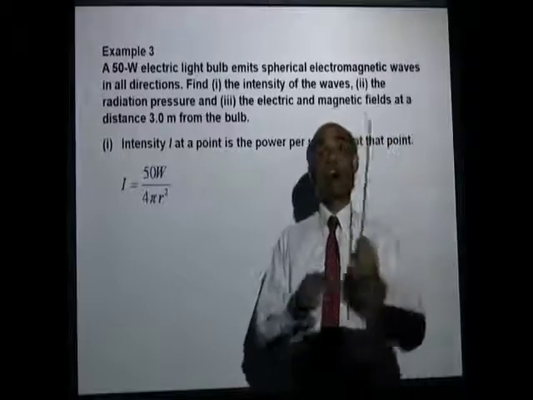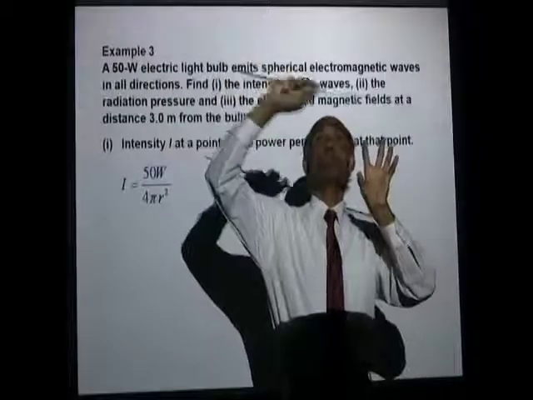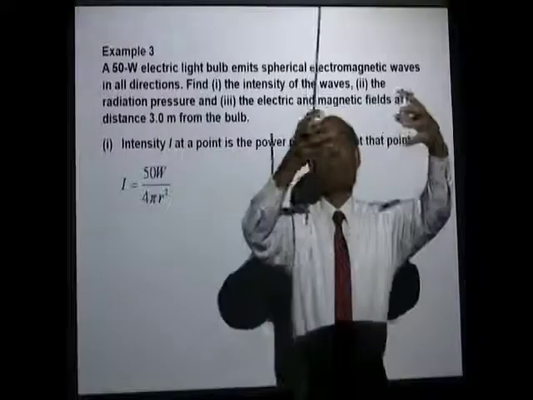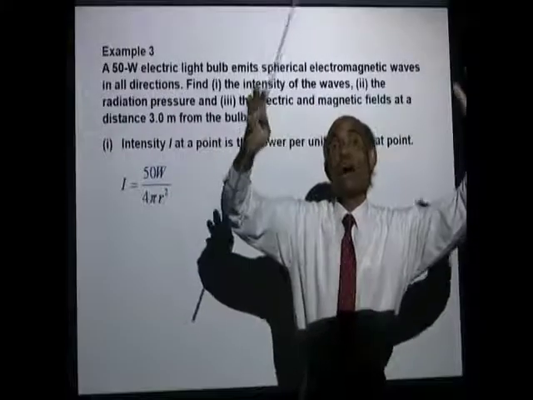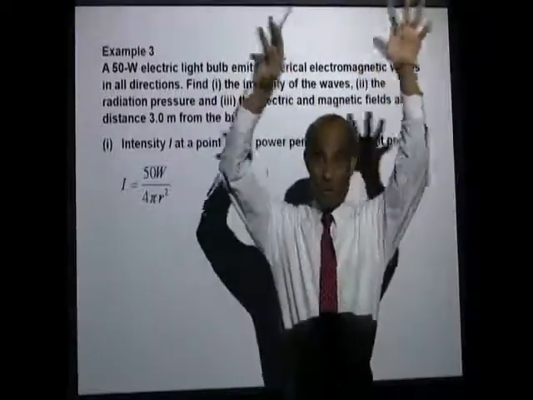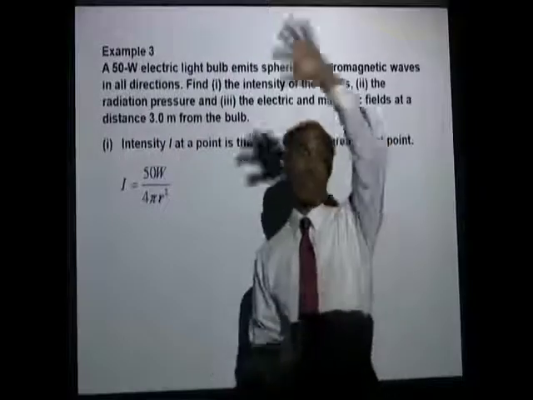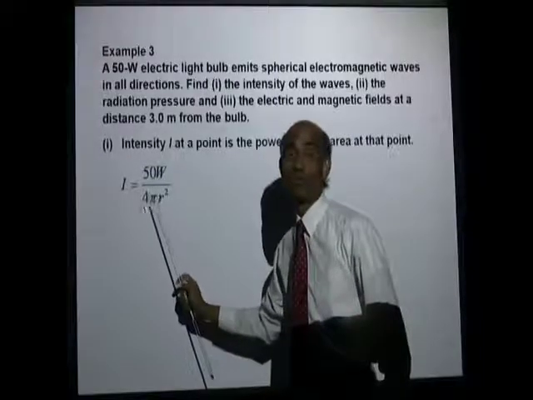That's the distance r, and you can see if I construct a sphere of radius r, the total power that is going out of that sphere is the total power. If you divide by 4 pi r squared, which is the area of that sphere, that will give you the power per unit area. I hope you understand that.